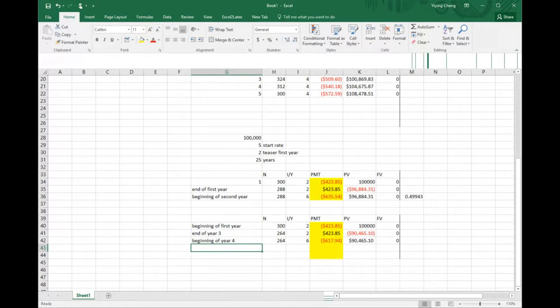For Part D, then, what if the reset date is 3 years later? Well, then the question becomes the same template, except instead of looking at the end of the first year and putting the number of outstanding payments as 288, we are going to instead look at the end of year 3, and the remaining number of payments will be 264, which is 300 minus the 3 years of payments, 36 payments, right?